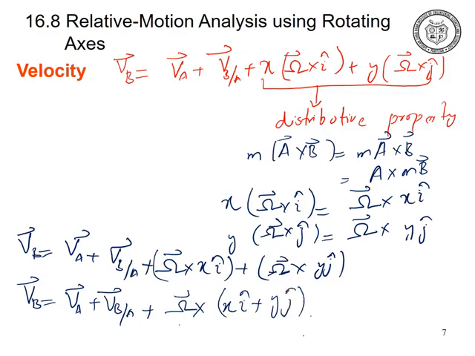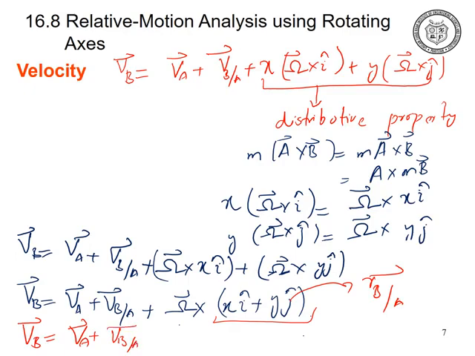So what is your xi plus yj? This is your rb with respect to a, as we derived in the first slide of today's lecture. So the above equation becomes vb equal to va plus vb with respect to a plus omega cross rb with respect to a. So this is the velocity equation for the relative motion analysis using rotating axis.